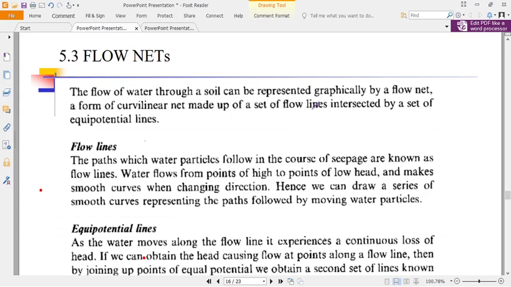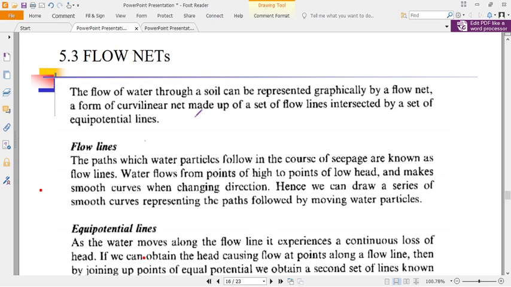The flow of water through a soil can be represented graphically by a flow net, a form of curvilinear net made up of a set of flow lines intersected by a set of equipotential lines, lines of points of equal potential, or equal pressures.